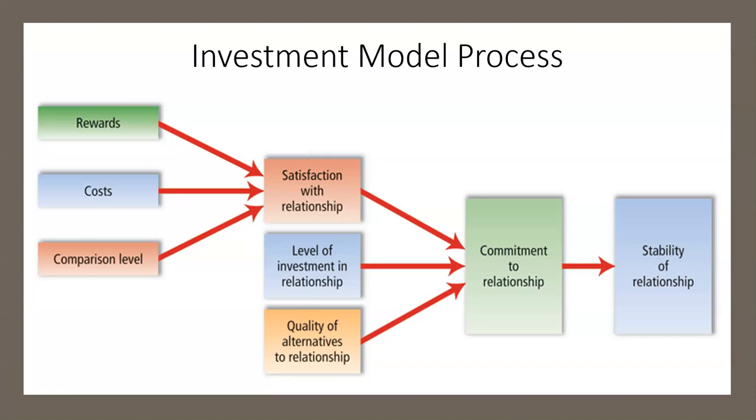So you've got rewards, costs, and comparison levels, and those are the math. That's the math that goes into satisfaction with the relationship. And then that satisfaction, you have to then combine with levels of investment, how much you've invested into the relationship.